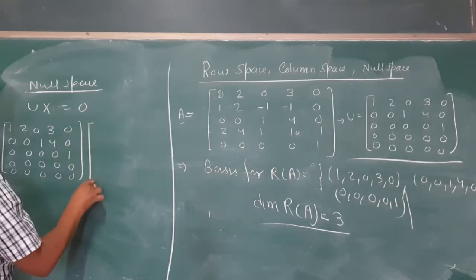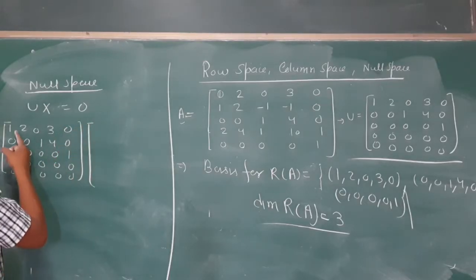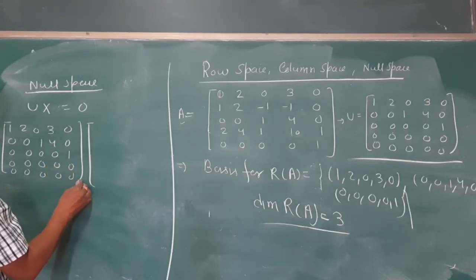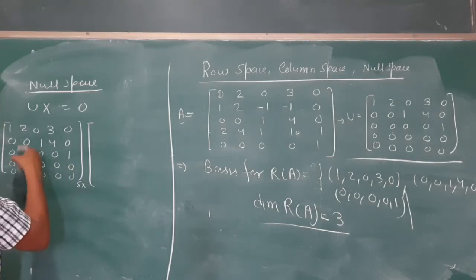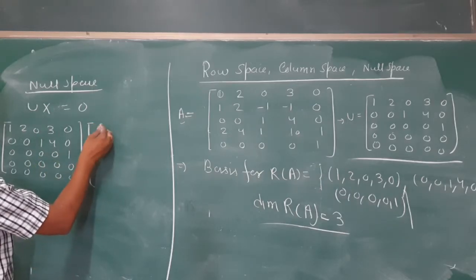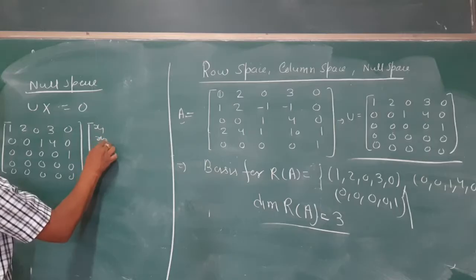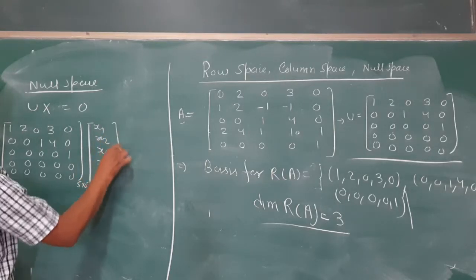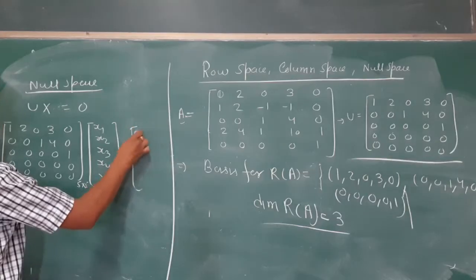What is x? See this. What is the order? 5 rows. How many columns? 5. So this is also 5 required. So x1, x2, x3, x4, x5 equated with 0, 0.